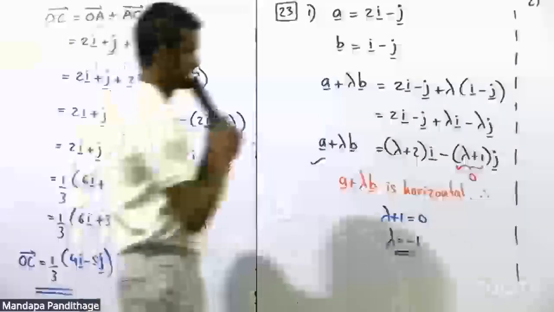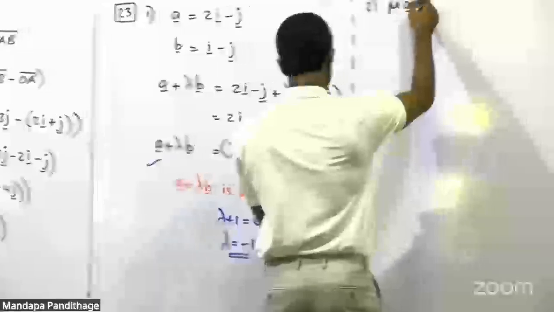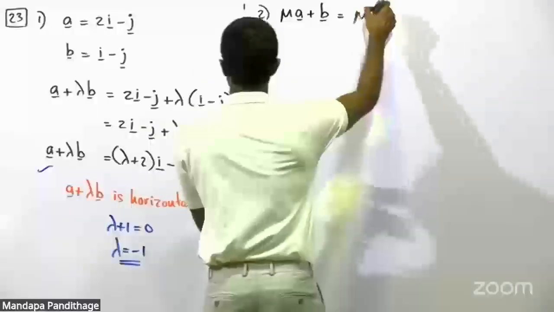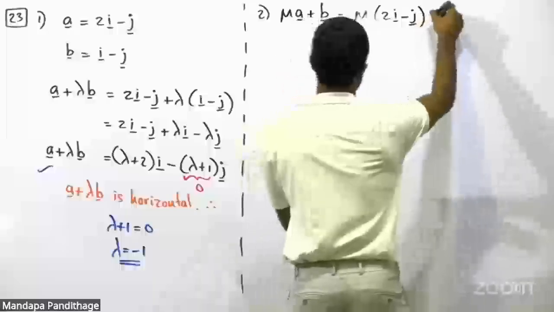Then simplify mu a plus b. So it's mu times (2i minus j) plus b.